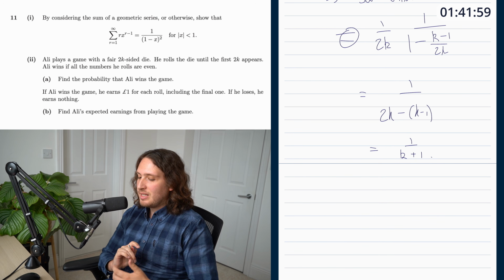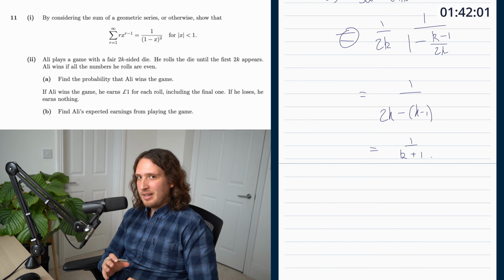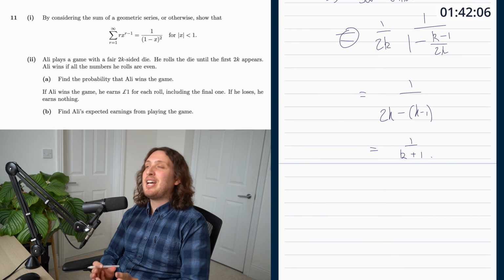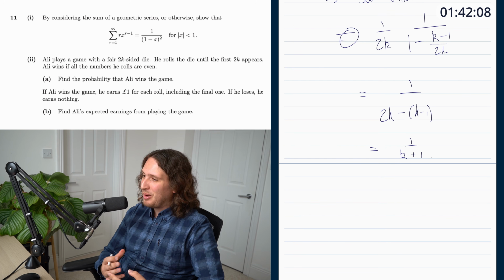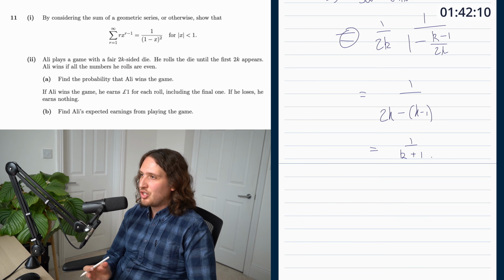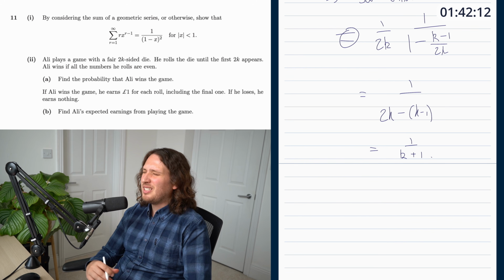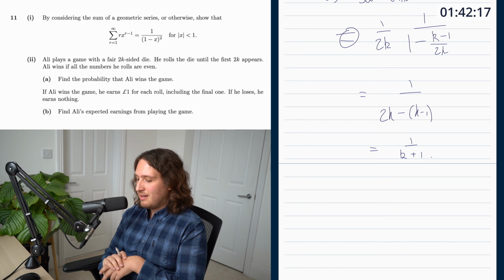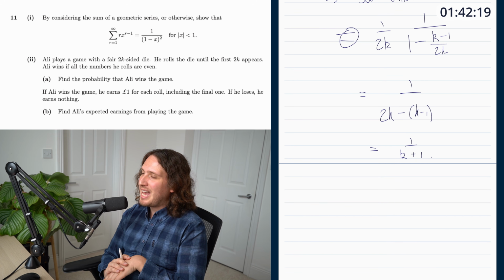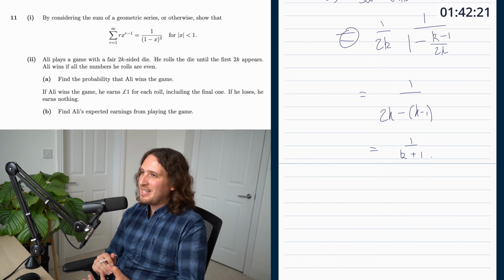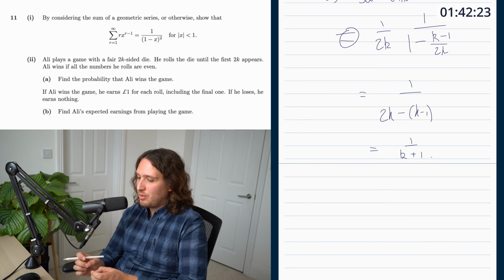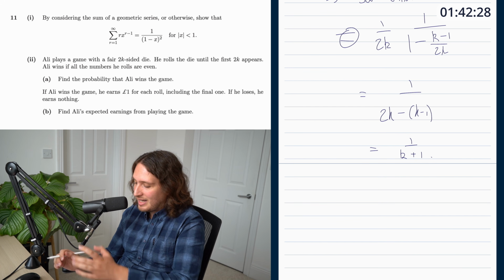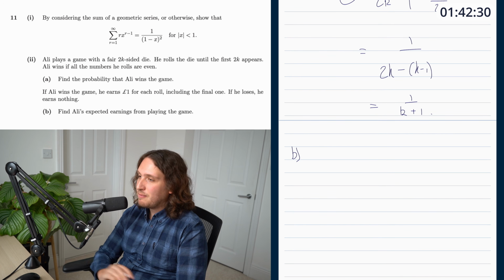If k is enormous, Ali is very likely to lose because his odds of the winning throw are extremely low. He's expecting to have a really, really long string of throws, and it's very likely in a long string he gets an odd somewhere. So the answer should tend to 0 when k tends to infinity. Indeed, it does here. Likewise, if k is 1, he's got 2 sides. He either wins immediately or loses immediately, so the answer should be a half, and it is. So this all looks reasonable to me.